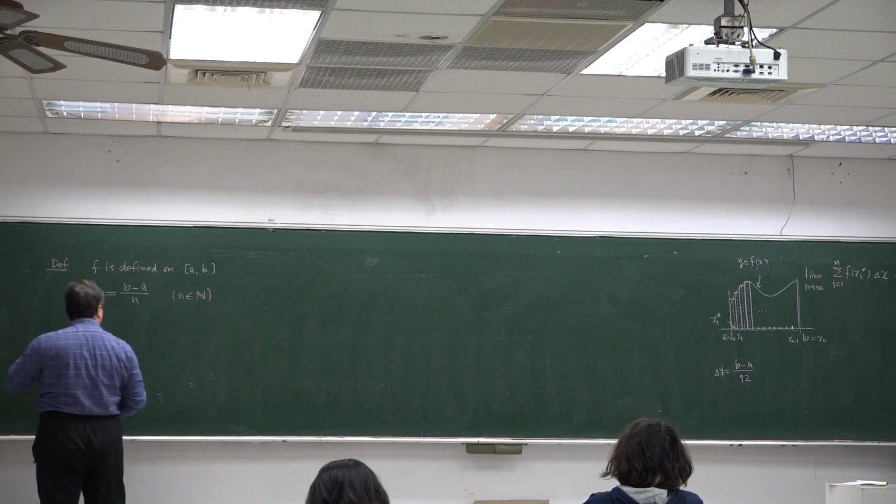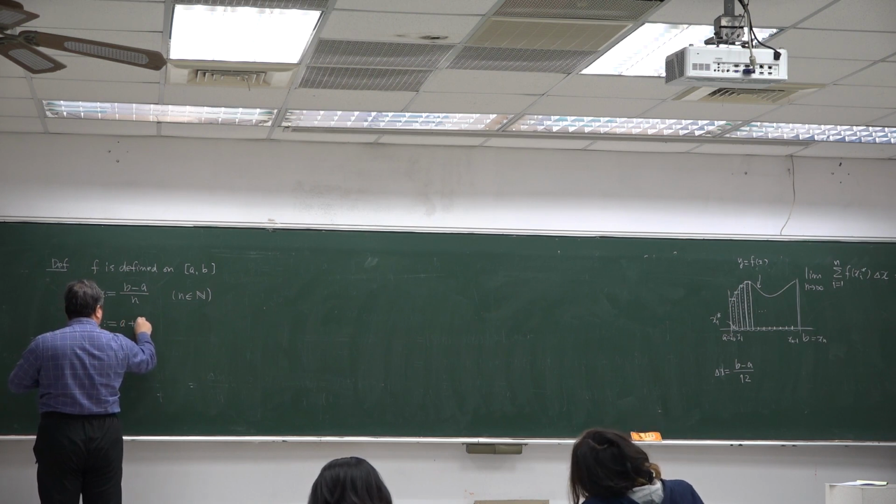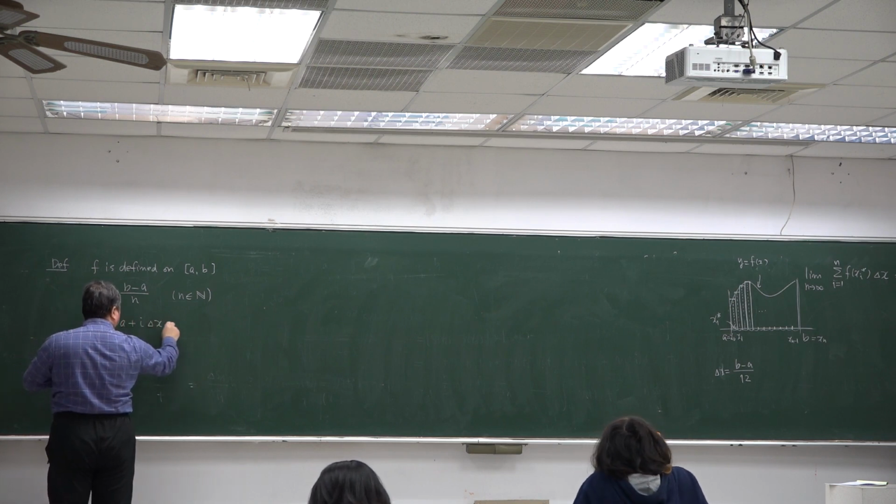Okay, then we define some numbers x_i to be a plus i times delta x.